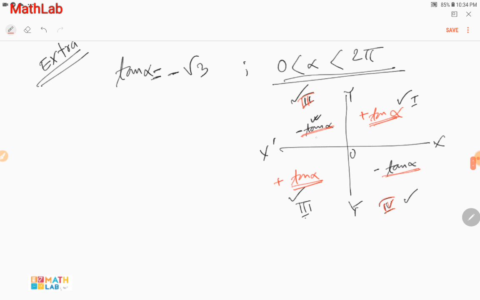In the second quadrant the answer will be pi minus theta, and in the fourth quadrant the answer will be 2 pi minus theta. So we have to find the value of theta. How do you calculate it? There is a simple trick.